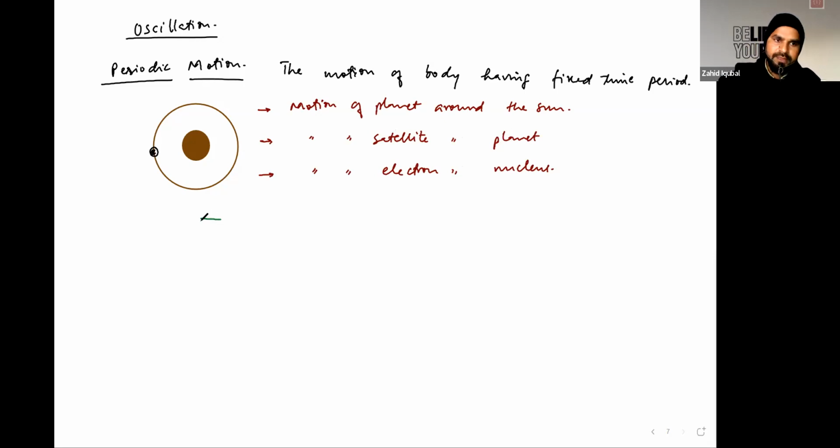Suppose you have a pendulum or a bob attached to a string which is oscillating to and fro about a given position.